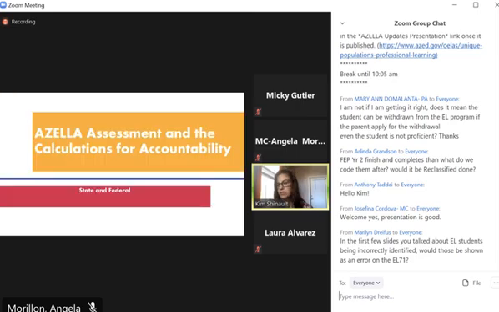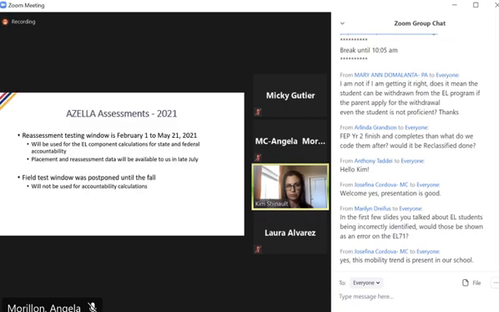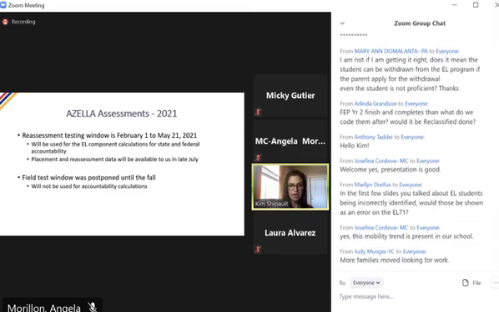So now I'm going to switch and talk about AZELA assessments and the calculations for accountability. And I am referring to state and federal accountability. As I mentioned, the reassessment window for AZELA has been extended this year. It goes until May 21st. And we will be using these reassessments for the calculation of the EL component for state and federal accountability this year.